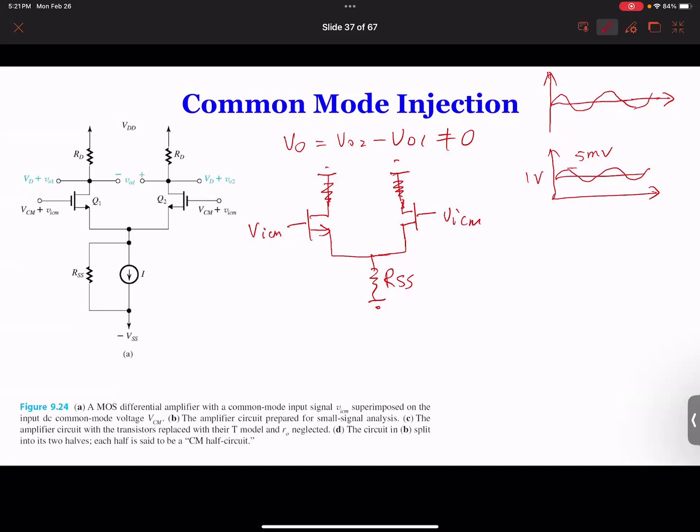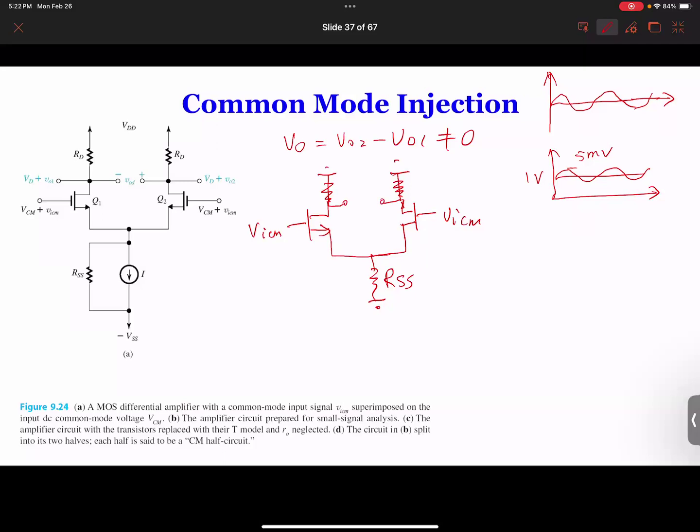When we draw AC, you can see the top one is grounded because VDD is ground. The bottom one, VSS, is ground, but we do have RSS that is left in the circuit. So RSS is the output resistance of the current mirror, the current source, but that's not shorted, but the current is open circuited.